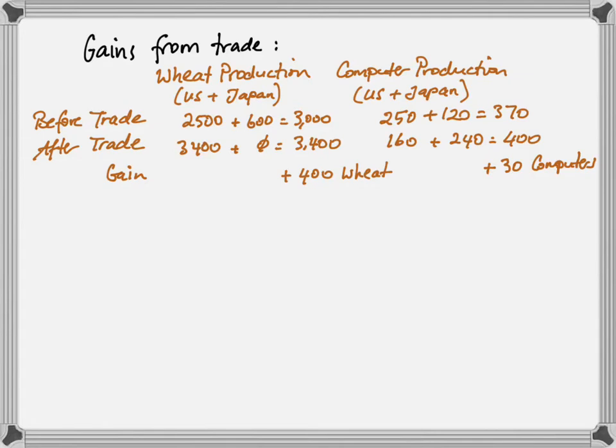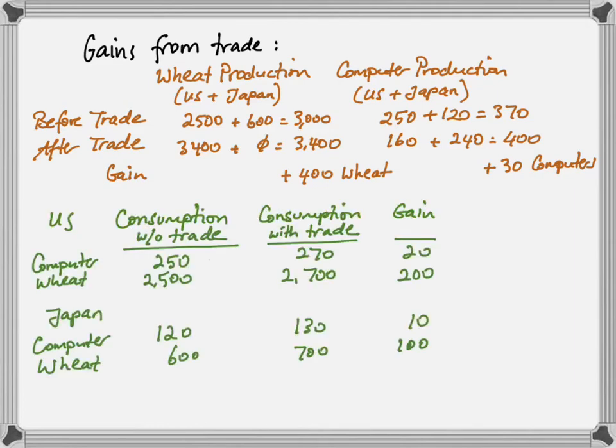In the world, total wheat production increases from 3,000 tons of wheat to 3,400 tons of wheat. So the net gain is 400 tons of wheat. And the total computer production increases from 370 computers to 400 computers. So the net gain is 30 computers.